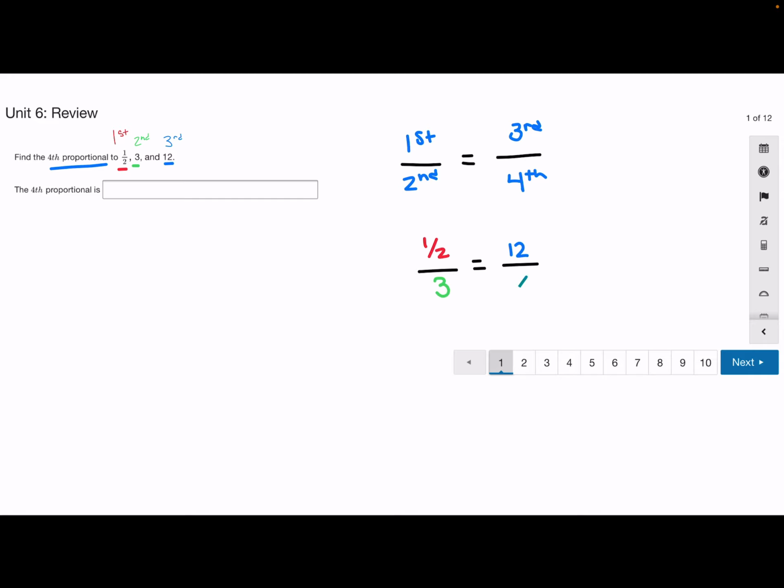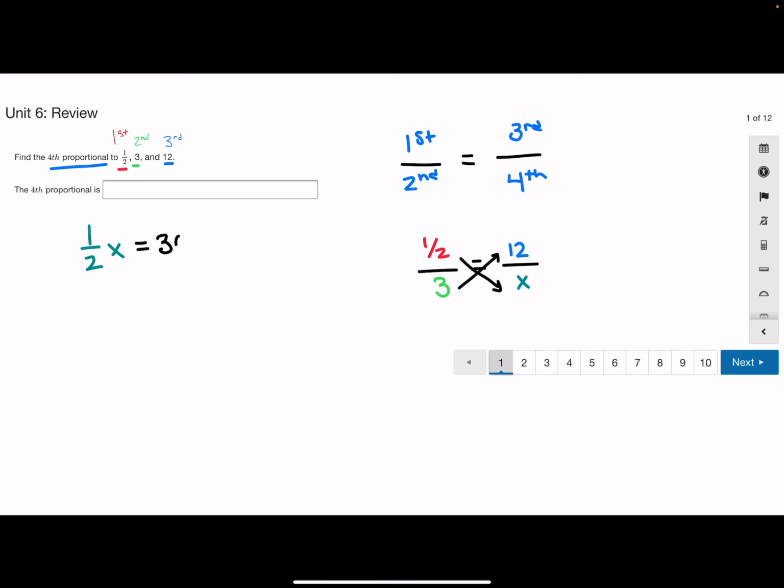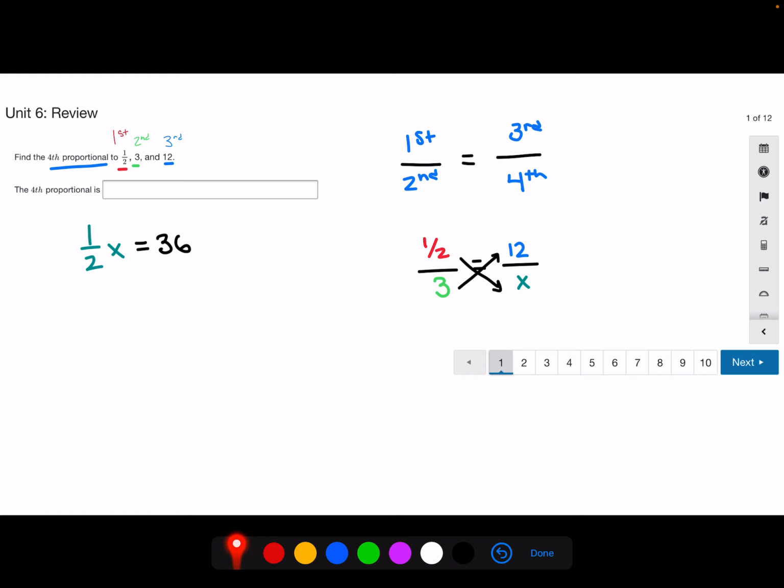So again, we have 1/2 over 3 equals 12 over x. At this point, we need to go ahead and solve for x. So we cross multiply, and that will give us 1/2 x equals 36. Now, I need to get rid of this fraction. So again, this is the same as x over 2 equals 36.